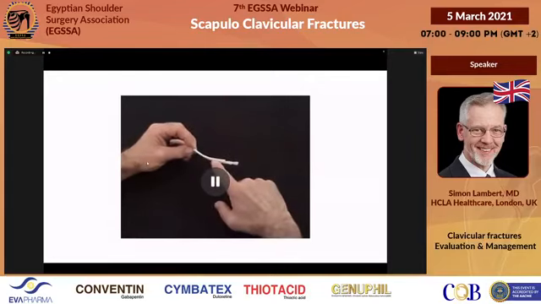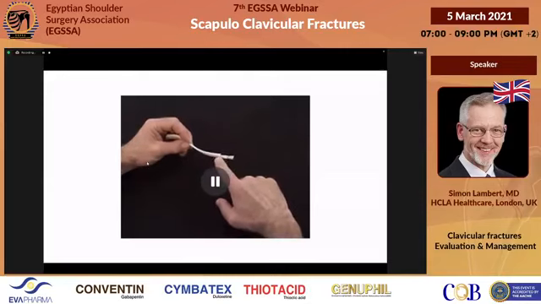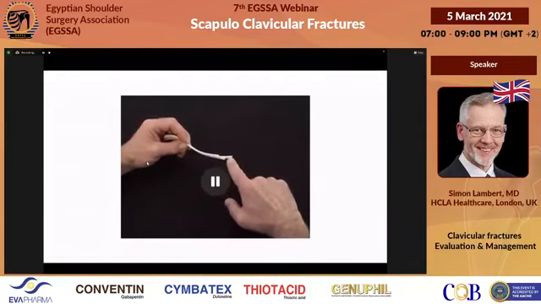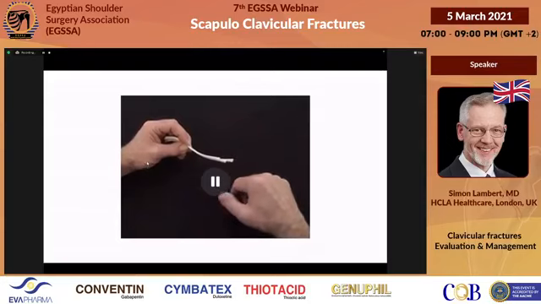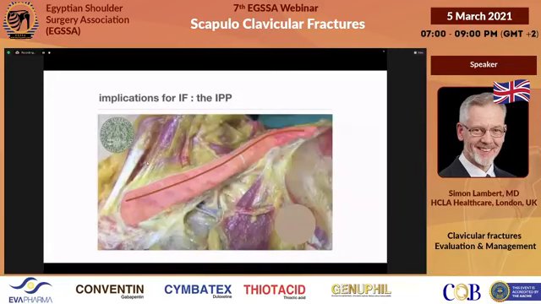Well, that's a very different concept to what we think of as the clavicle. Of course, this doesn't account for surface morphology, and we've done some more about that more recently. But that gave us some insight into how to think about internal fixation of clavicle fractures, the implant preferred pathway.